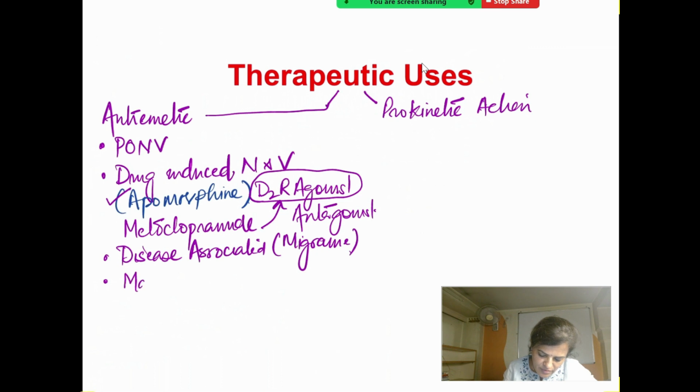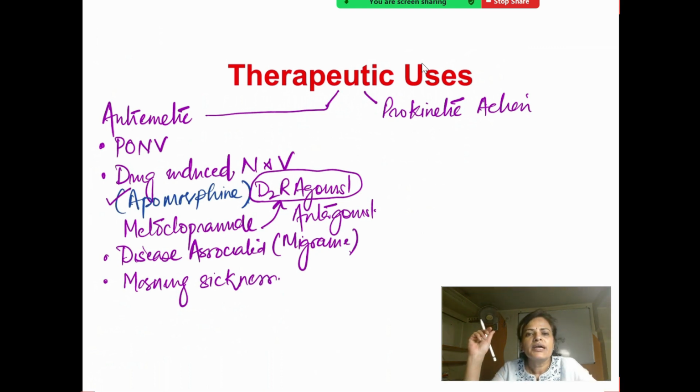Then for morning sickness, we didn't find any teratogenic potential with this group of drugs, so where other measures fail, we can give this group of drugs for hyperemesis gravidarum.